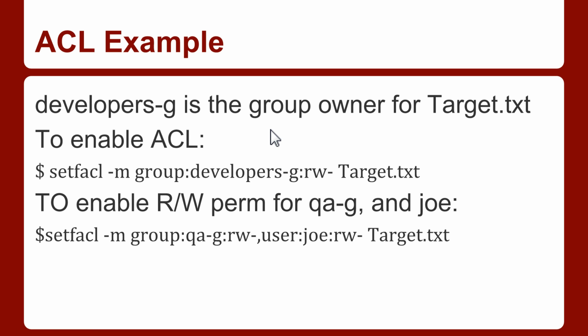So you would, for instance, set for the developers group read-write privilege on this target.txt file. And say for the quality assurance group, you could have execute.